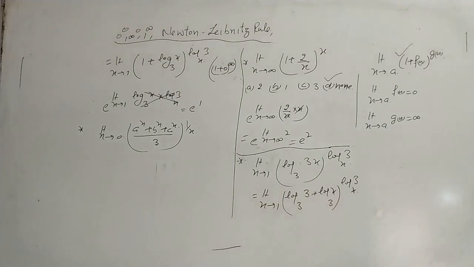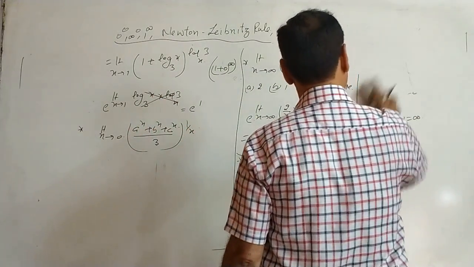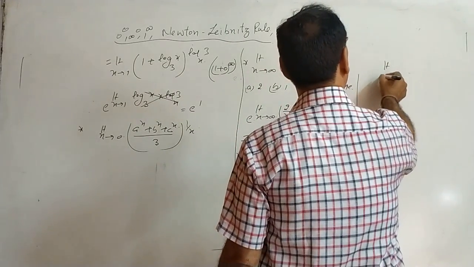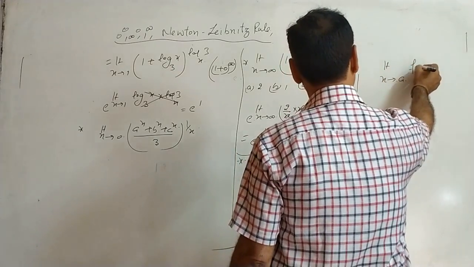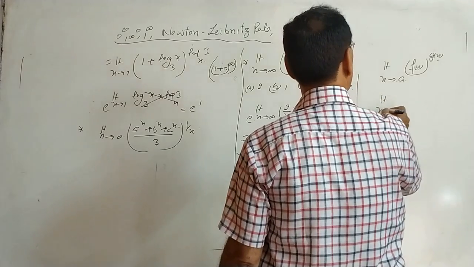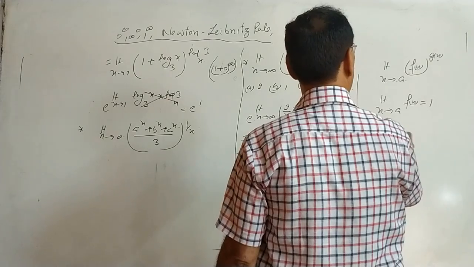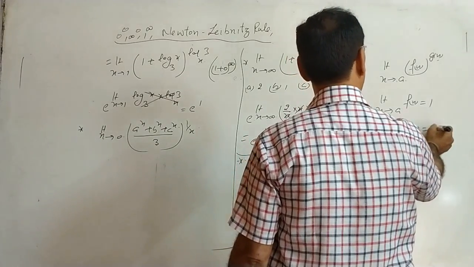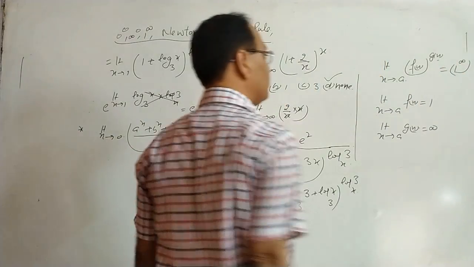And you can see the second type, when we are given function in the form of limit x approaches to a, f of x raised to power g of x, when we are omitting the limit of this base, its limit is 1. But when we take the limit of this power, limit of this g of x, it becomes infinite. Means this is in the form of 1 raised to power infinite.